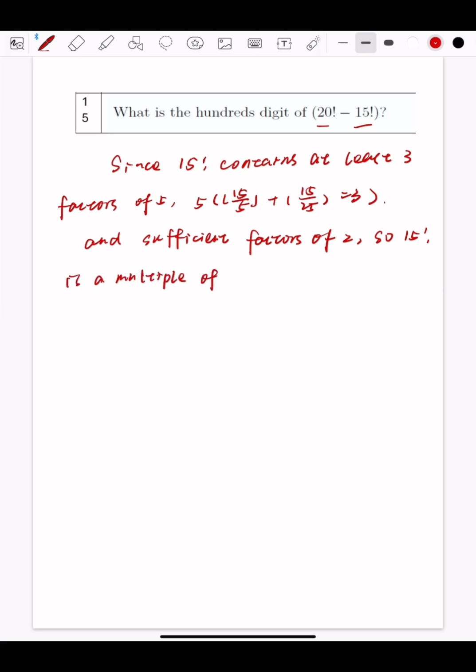That is a multiple of 1000. That is equal to 0.